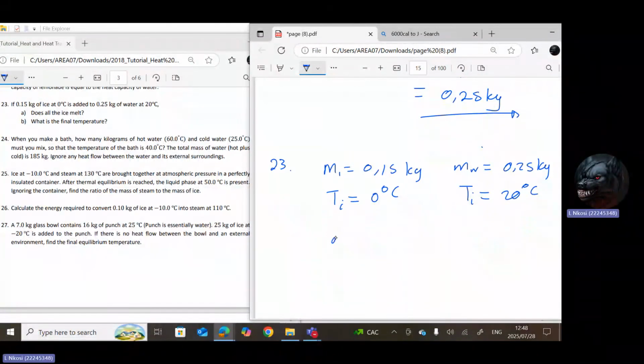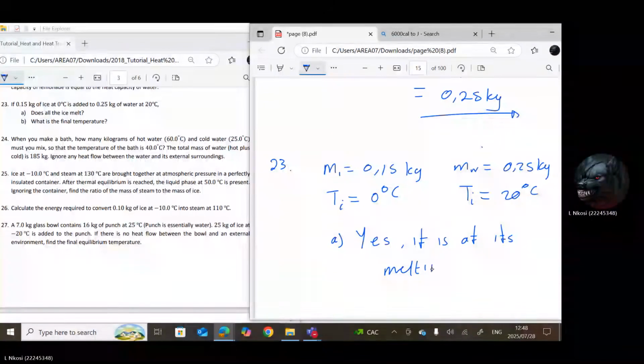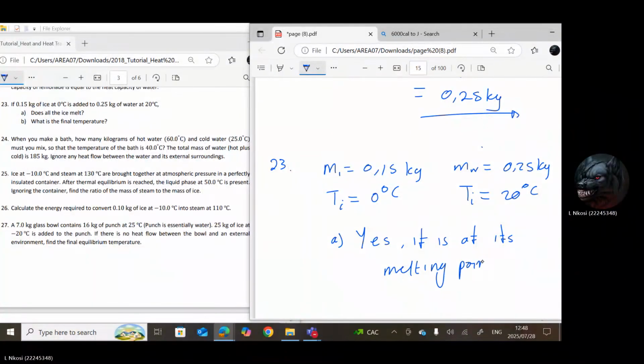Question A is, does the ice melt? The answer is yes. It is at its melting point, temperature equal to 0 degrees Celsius. So it does melt. All of it will melt.